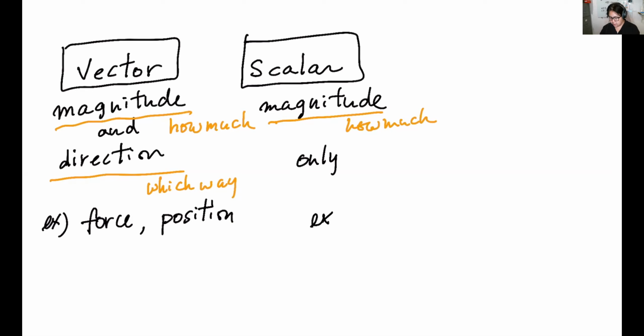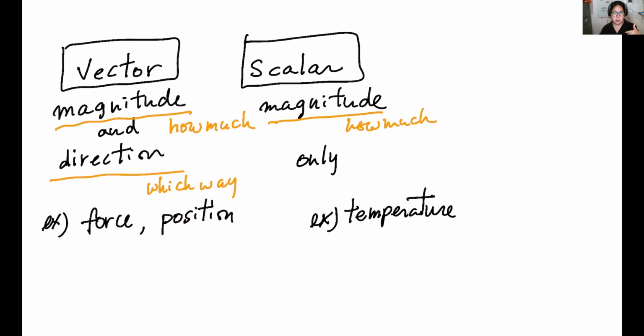Scalar, on the other hand, is a type of physical quantity that only expresses magnitude. So let's say temperature. Do you think the temperature has information about direction? It says, okay, it's 80 degrees Celsius, right? When you hear 80 degrees Celsius, it's just 80 degrees Celsius. 80 degrees Celsius here, over there, it's the same 80 degrees Celsius.